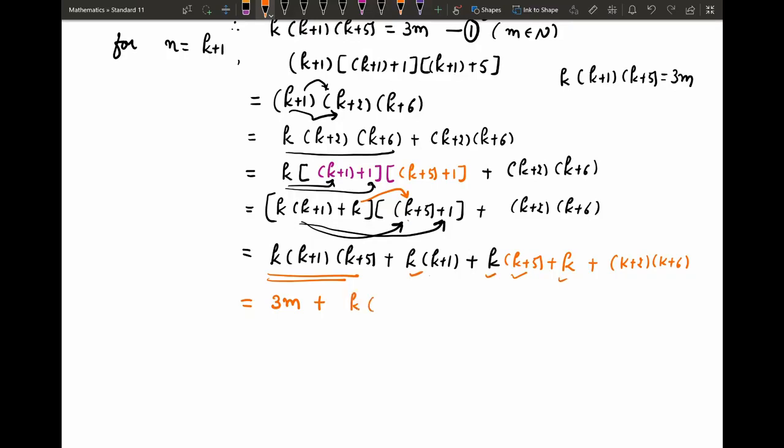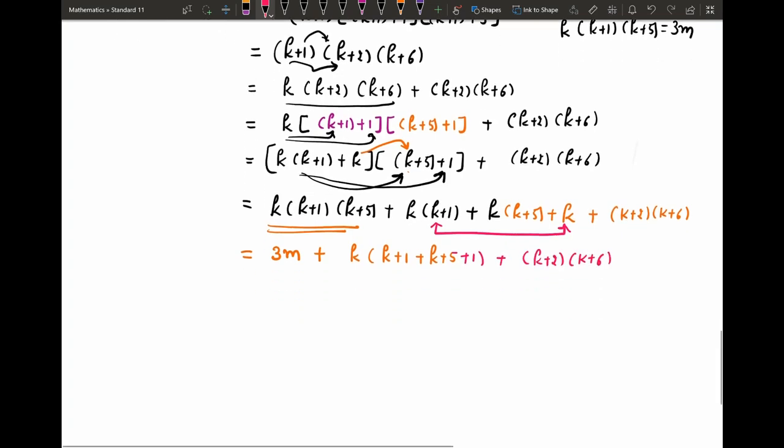Now here we take k common, so k into bracket k plus 1 plus k plus 5. From this 3 term we take k common, so k into bracket k plus 1 k plus 5 plus 1 plus k plus 2 k plus 6.